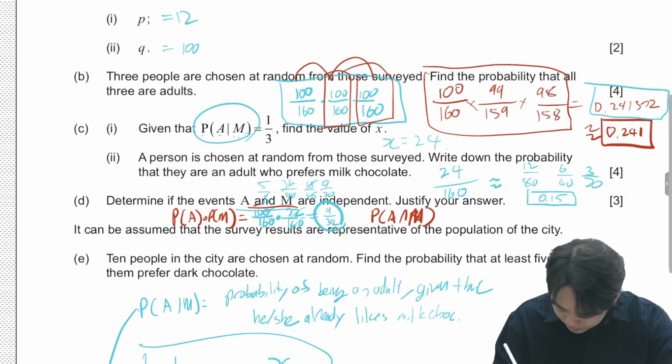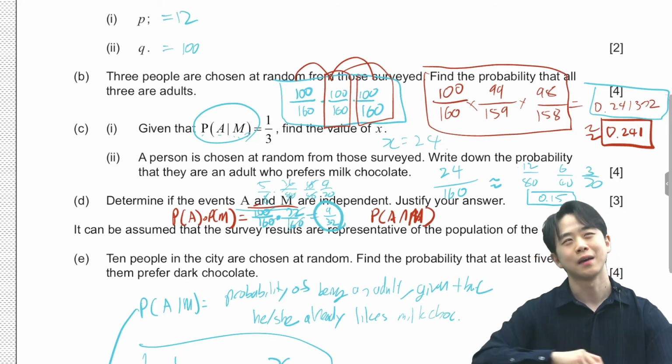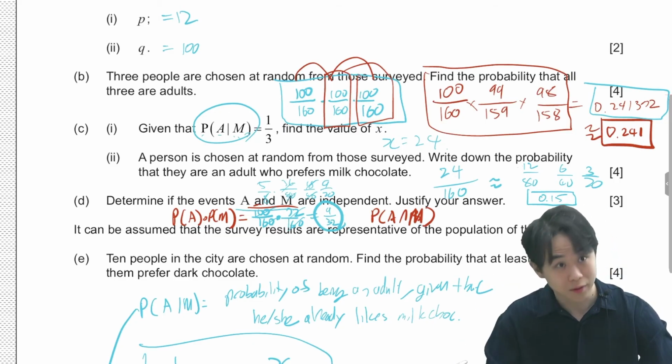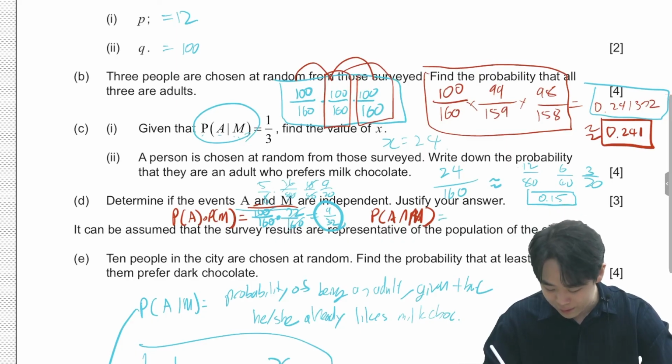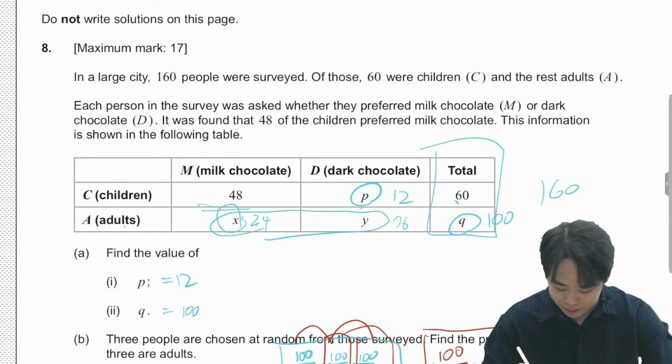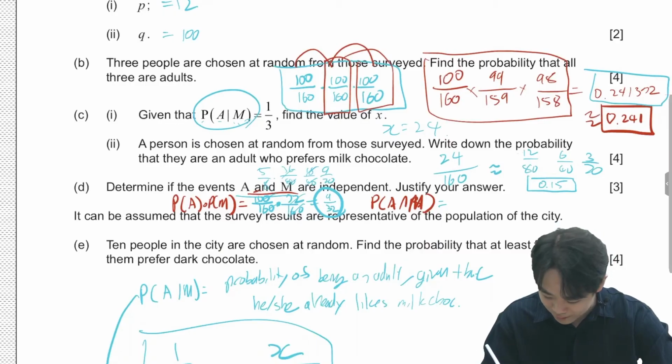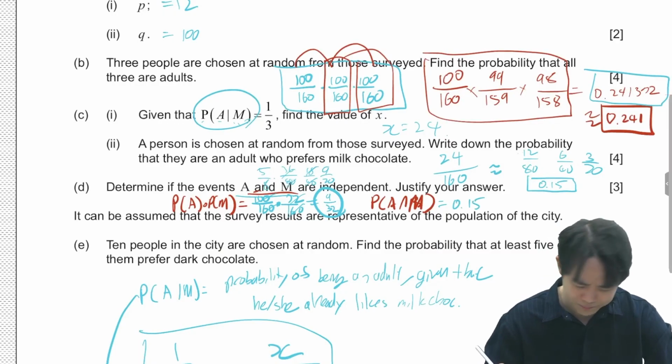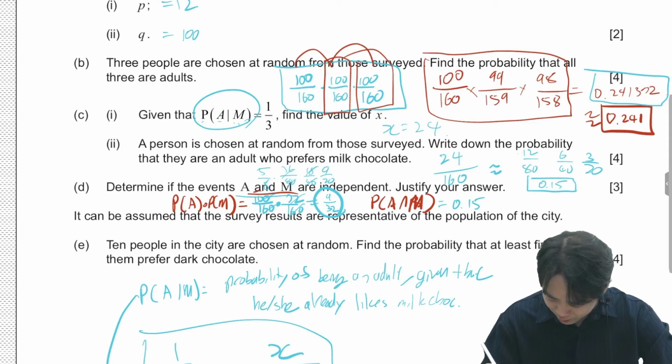So the probability of A times the probability of M is 9 over 32. Let's look at the probability of being an adult who likes milk chocolate. We found that to be 0.15 from earlier. So clearly, these two are not equal.